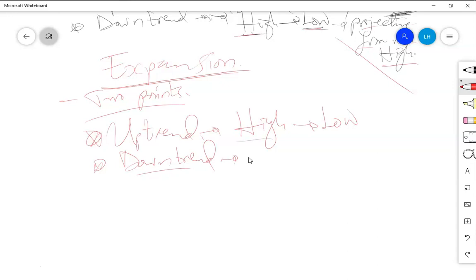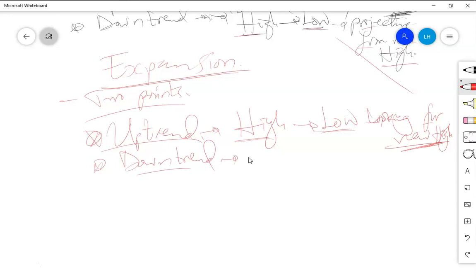Now this prior high to the low, you will be looking for a new high, because our trend is up. So we'll be looking for the future move in the direction of that particular trend. A future move in an uptrend will be a new high. So that's how you are going to carry it on in an uptrend.